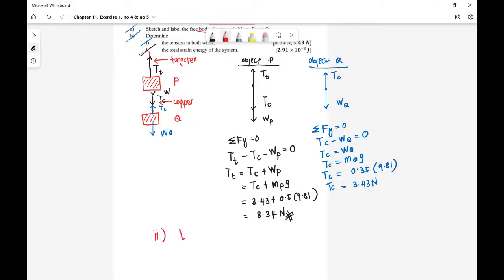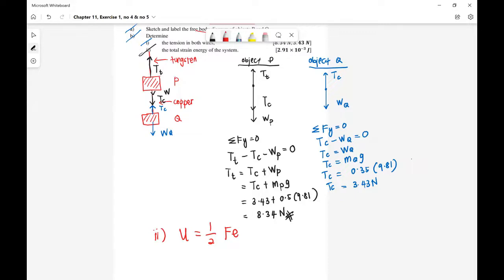Formula untuk strain energy ialah half times force times elongation, Fe. Okay, so dalam ni elongation untuk tungsten unknown dan elongation untuk copper pun tak tahu.